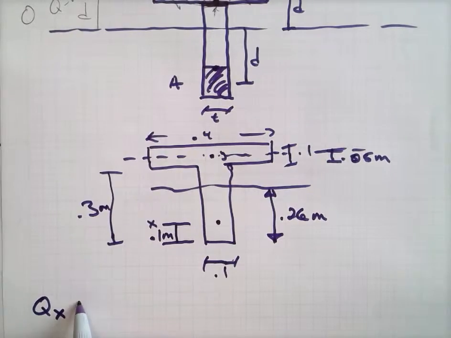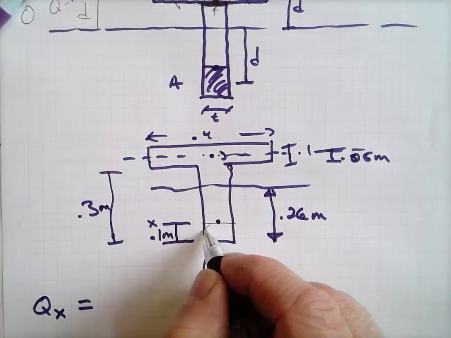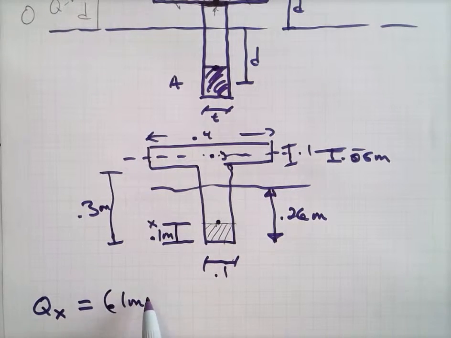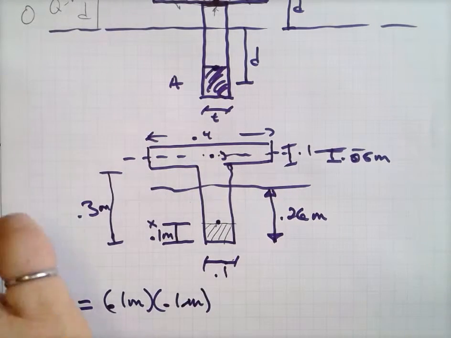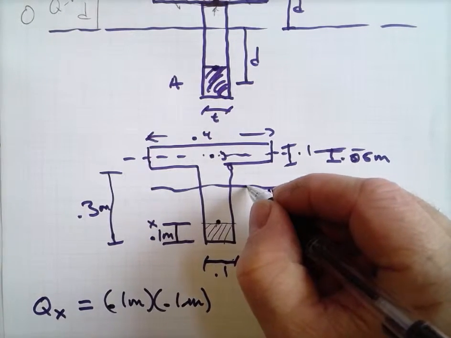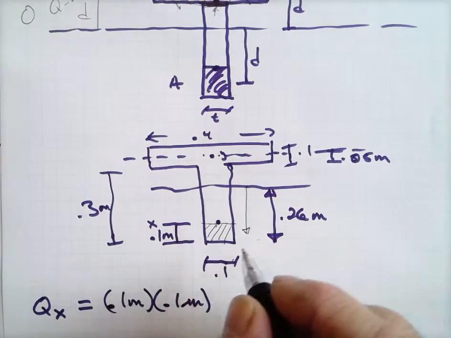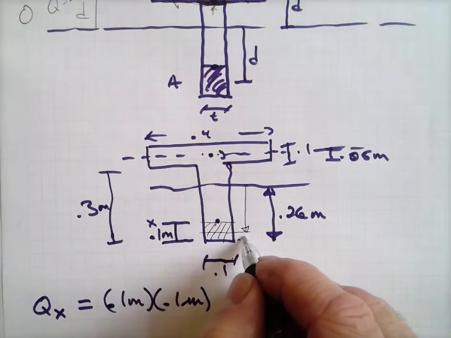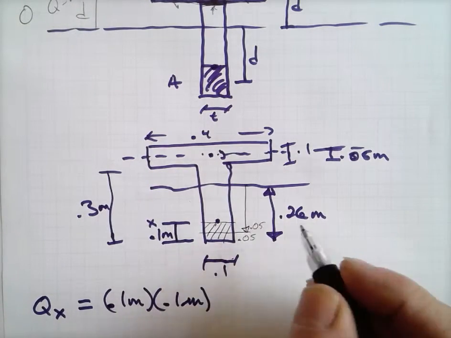QX, we'll do X first, is now we take the area from point X to the outer fiber. Area is base times height, and we have 0.1 meters is the base. 0.1 meters is the height. And now we need the distance from the centroid of the whole cross-section down to the centroid of this piece. Well, if this is 0.1, its centroid would be 0.05 and 0.05.